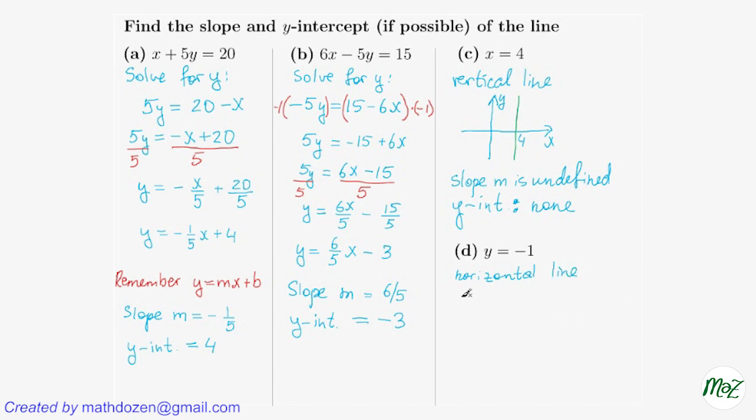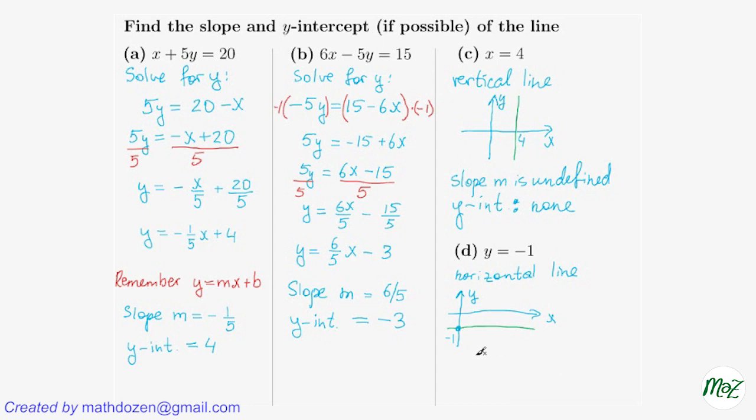How does it look? Well, it is a horizontal line, so it looks like a horizontal line. So here is y, here is x, and y equals negative 1 is a horizontal line that crosses the y-axis at negative 1.